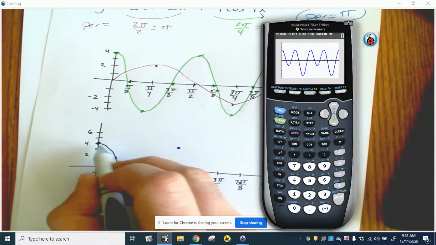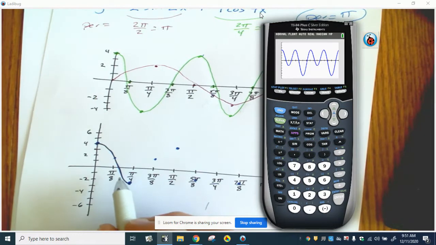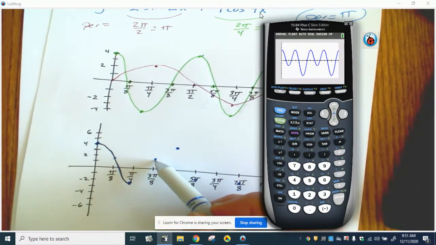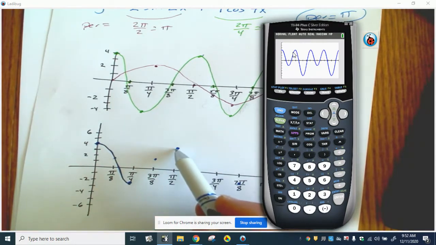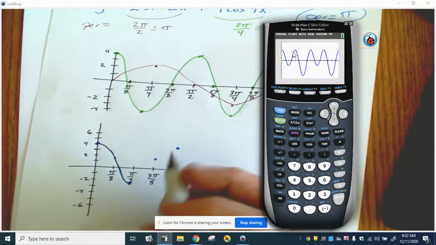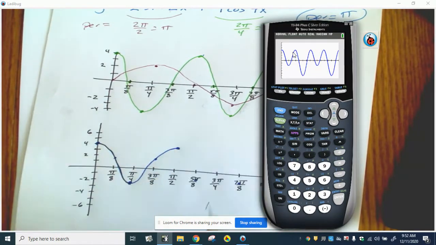Okay, and then find this next point. Well, this next point, it looks like it's there. This peak right here looks like it's right at pi over 2. So this does look like it actually is a real peak. Okay, so it looks like we're peaking when we get to there.